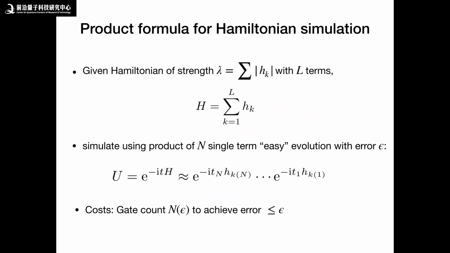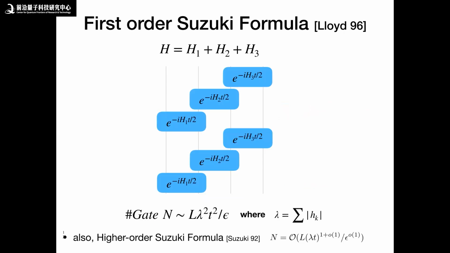Let me show you an example. It's a very simple one. Suppose your Hamiltonian has 3 terms, H1, H2, and H3, for example like X1. So you have 3 terms. It doesn't matter what exactly they are, and the first order Suzuki formula just cycles through each term in this order: 1, 2, 3, 1, 2, 3.